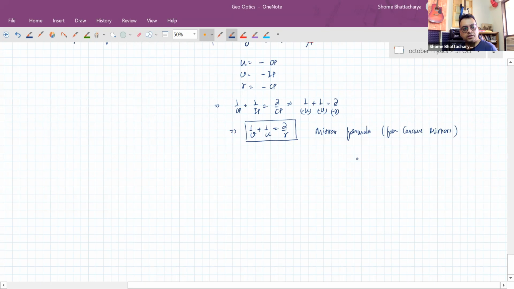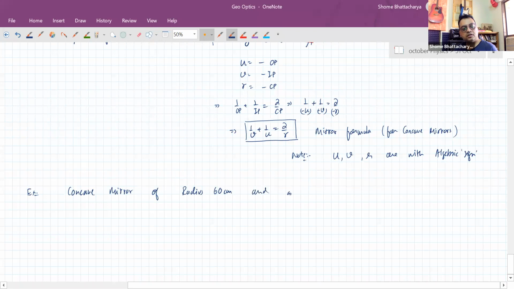Okay. And u, v, R are with algebraic sign in this formula. So let's look at an example. We have a concave mirror of radius of curvature, let's say 60 centimeters.